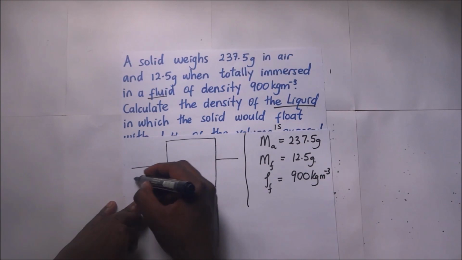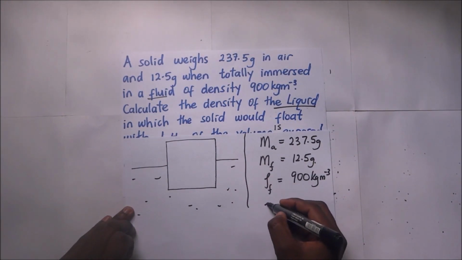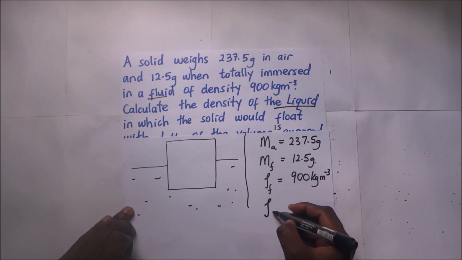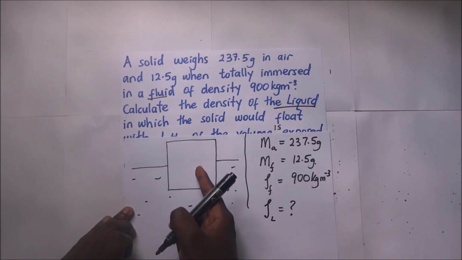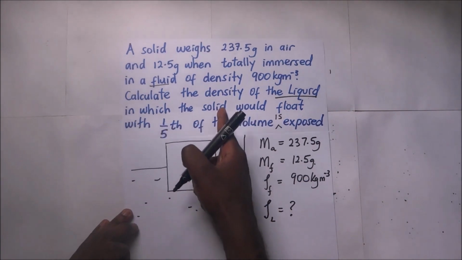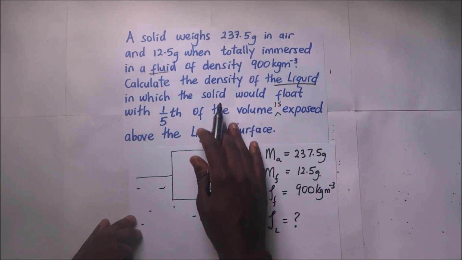So let's say this is the liquid we are talking about. They want us to find the density of the liquid in which this solid would float if it had a fifth of its volume exposed above the liquid.